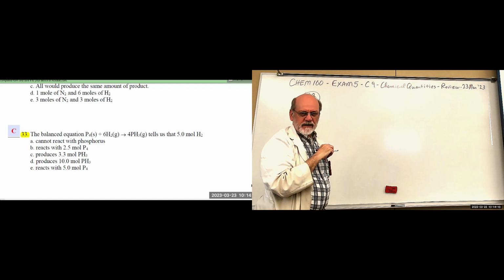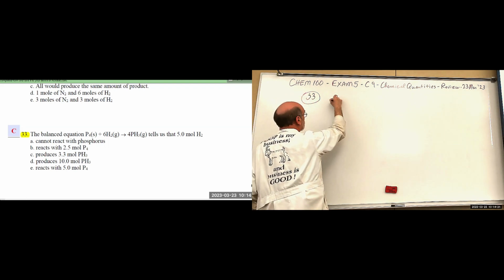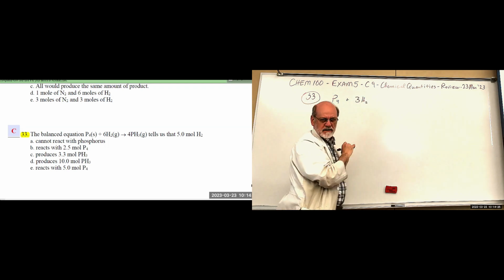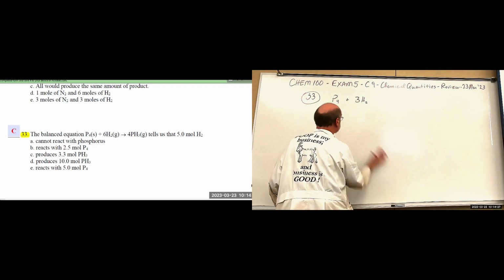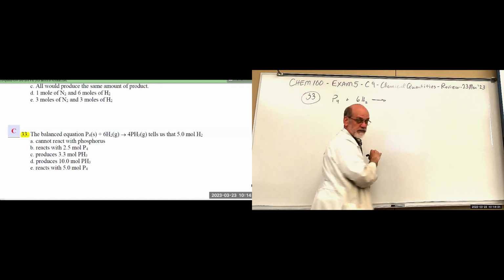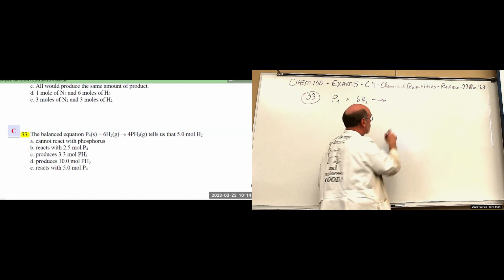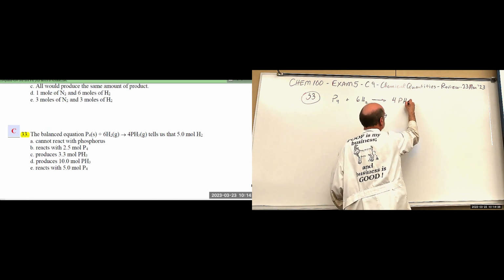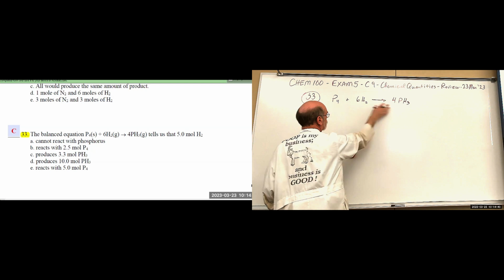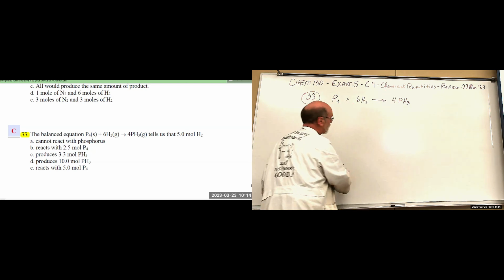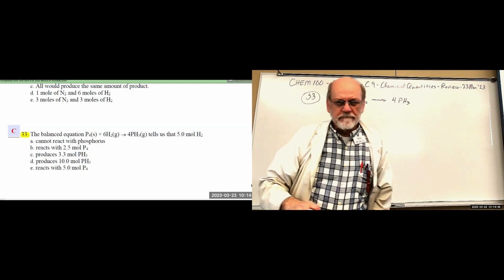So we got P4 plus 6H2 yields 4 PH3. Let's see, is that correct? 4, 4, 12, 12. Okay, we're good. 5 moles of H2.